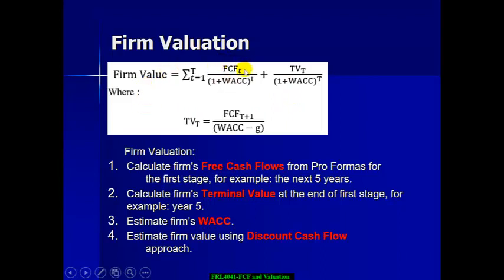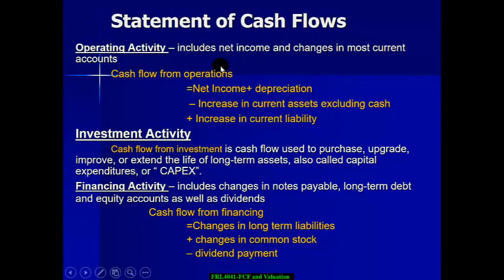One of the important calculations is the free cash flow calculation. This is an important calculation, and I'm going to first talk about the statement of cash flow. They have a lot in common. The statement of cash flow lists cash flow activity by three categories: operations, investment (capital expenditure), and financing activity.